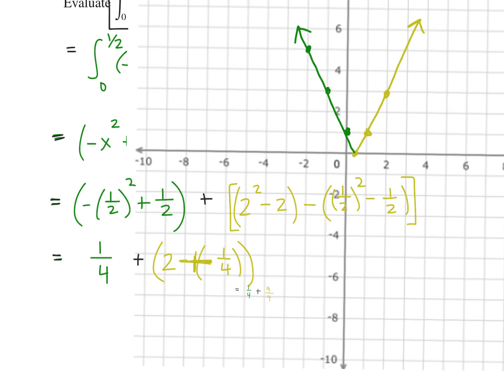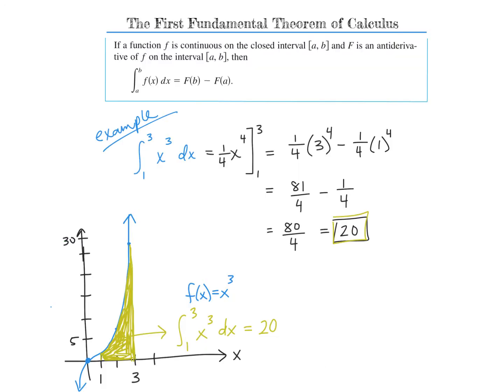Adding them together gives us the total value of the definite integral underneath the curve, which is 5/2, or 2.5. So visually we can see what this means. It is the two areas added together. We could have used geometry, or we could have used the first fundamental theorem of calculus, which is what we just did. In this video, we explored the first fundamental theorem of calculus, which gave us a much simpler way to evaluate definite integrals.